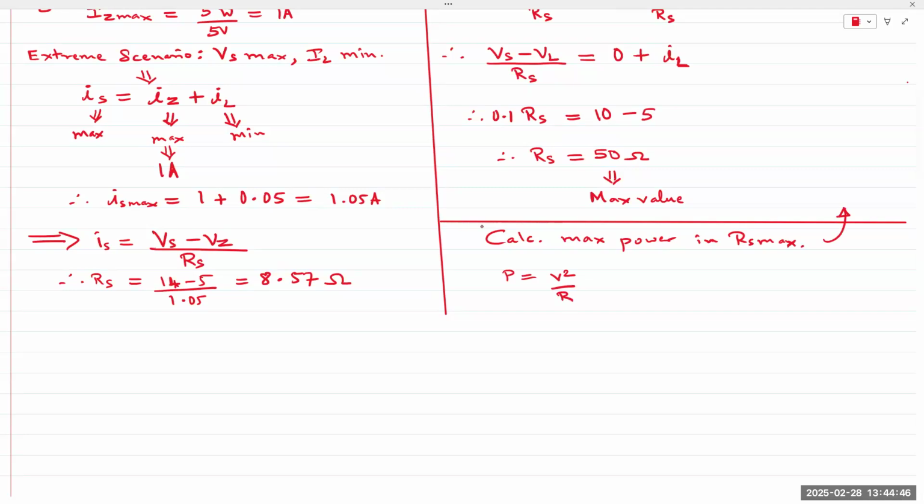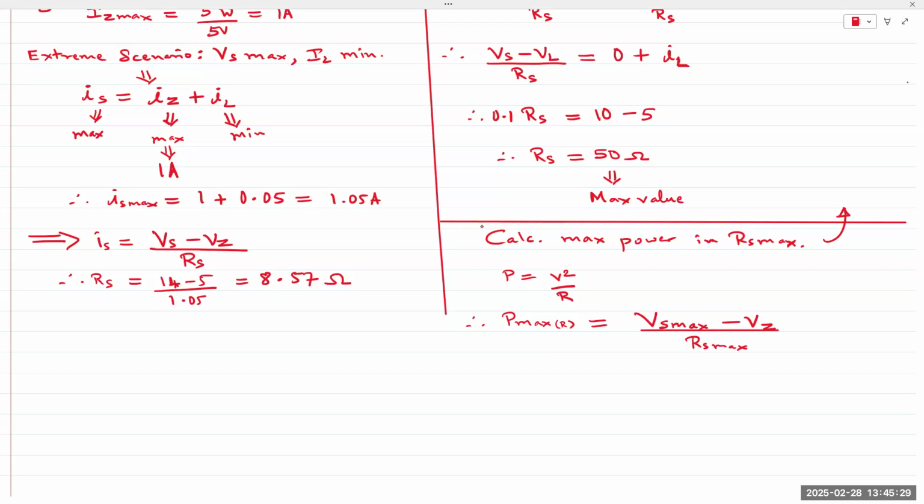V squared over R. So P max for R is VS max minus VZ, over RS max. So the first half, we already determined that RS max is 50 ohms.